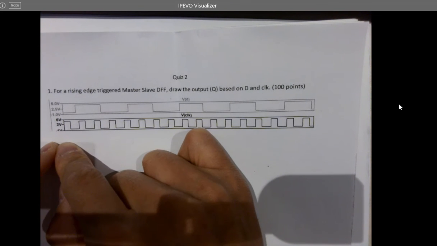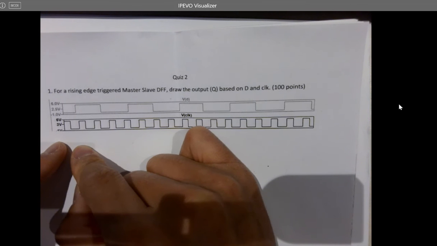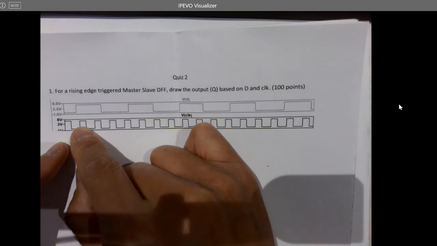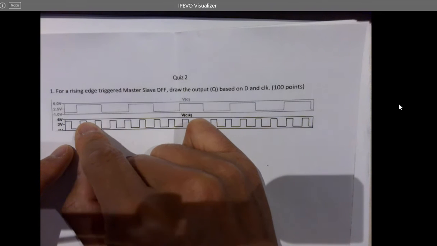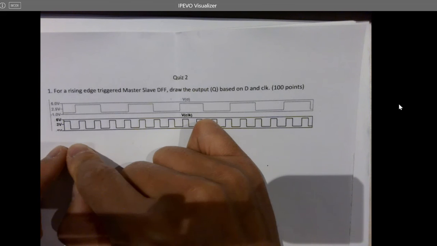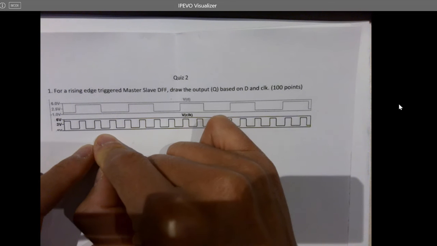If you start the signal with 0, then this rising edge will give you a 0 as well. It's not changing that result. And then this falling edge is going to sample this one and send it to Q at this rising edge. So until here, it was 0. And now after that, it's going to be a 1.